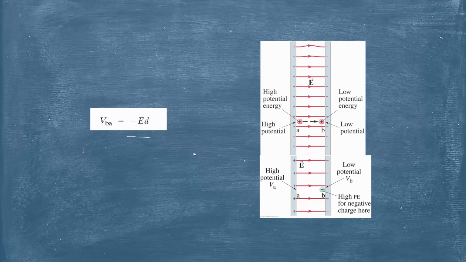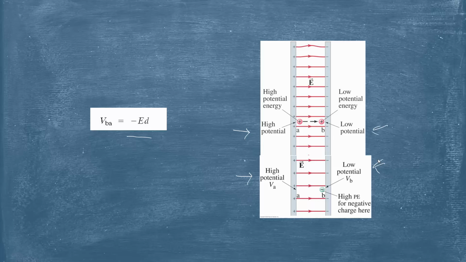And let's review this somewhat confusing situation of defining potential energy versus defining potential. So potential just depends on what's going on with the fields. So we have high potential on the positive side, whether it is a positive or negative test charge that we are concerned with, and low potential on the negative side.